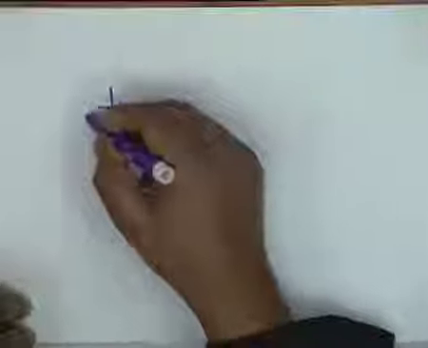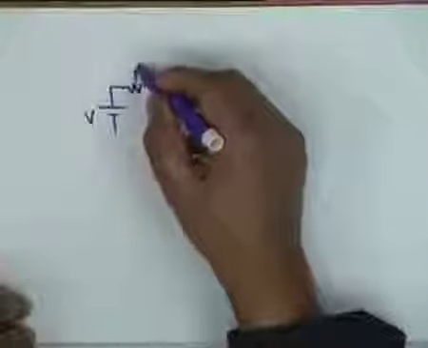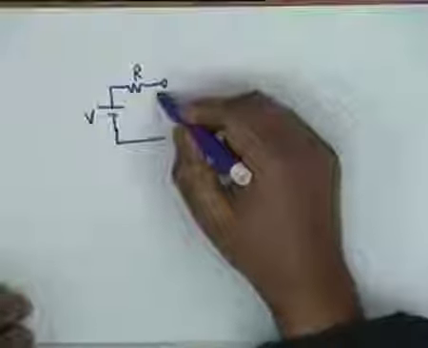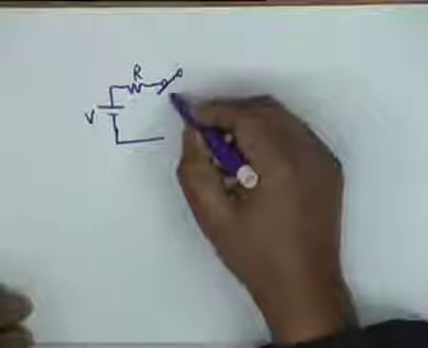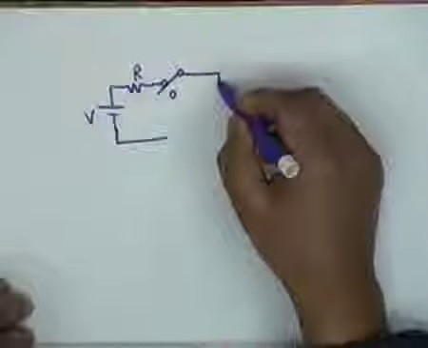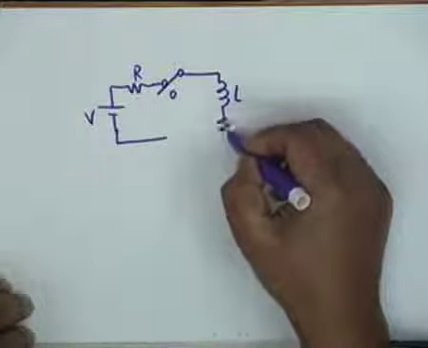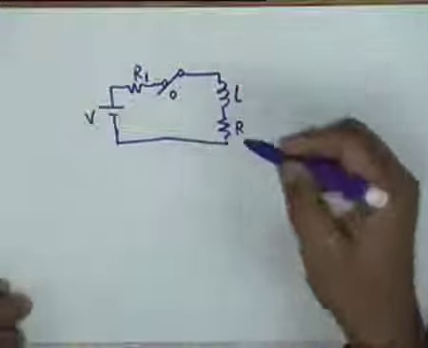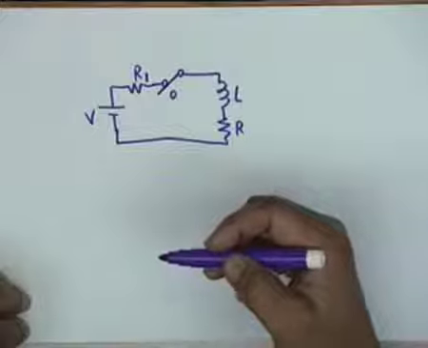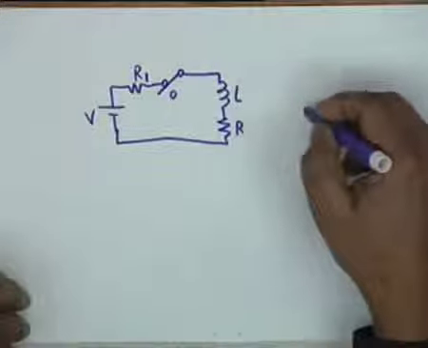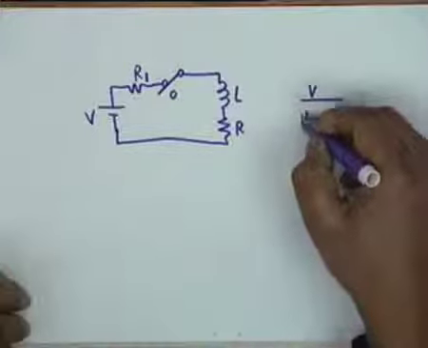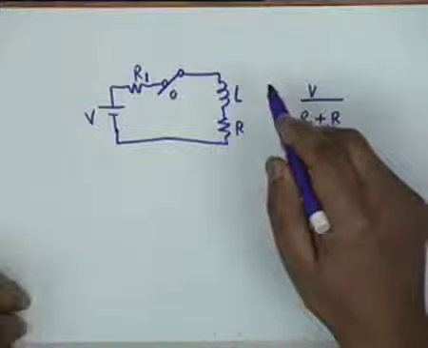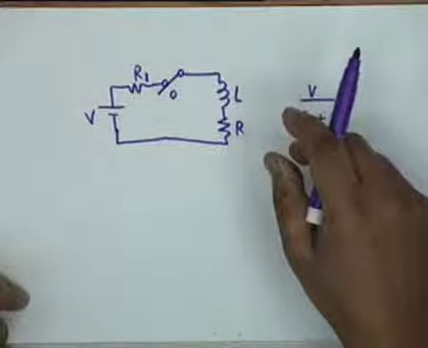Let's say we have a battery V and a resistance R1 which is connected to, let's say, an inductor L in series with a resistance R. All right, the switch is left in this position for a very long time, so that the current that passes through this circuit would be given by V by R1 plus R. The inductance is not effective in dropping a voltage when the current is steady.